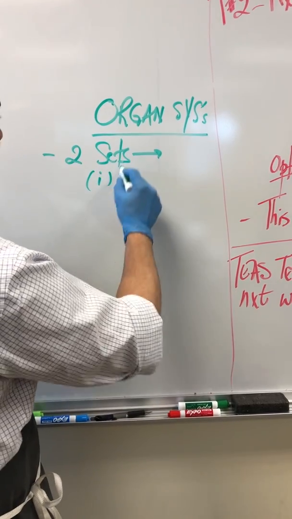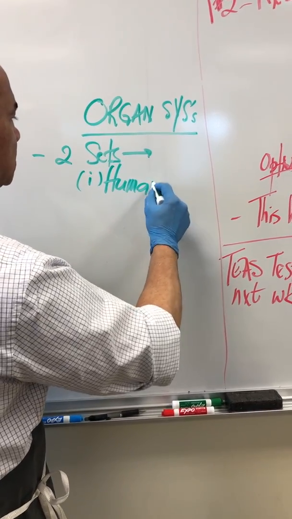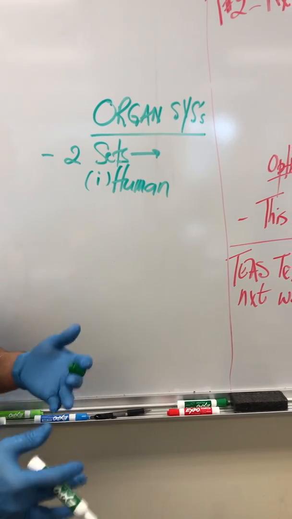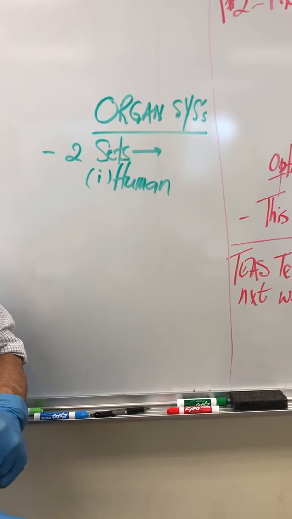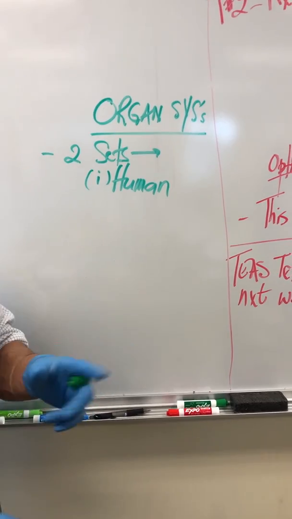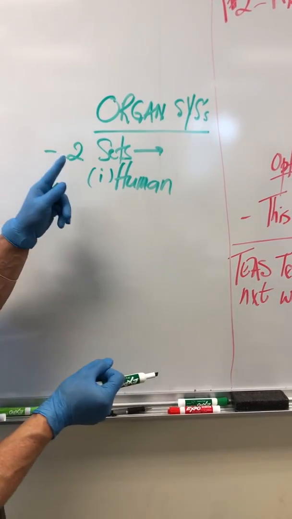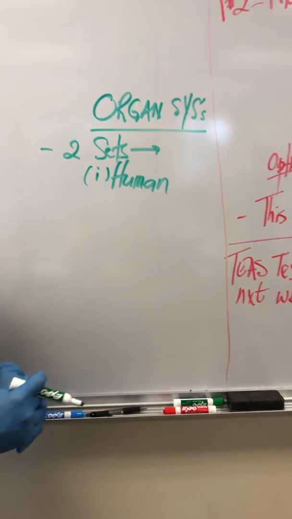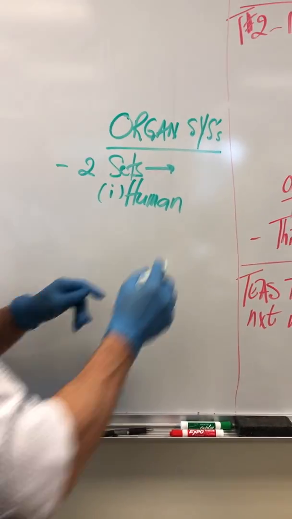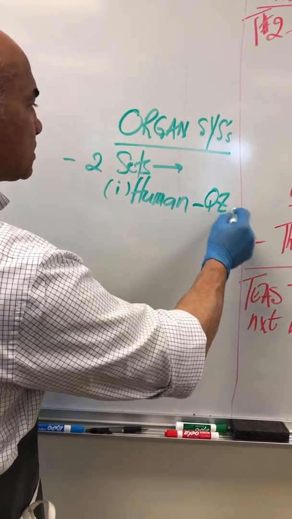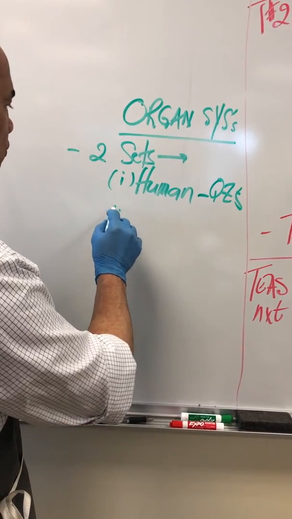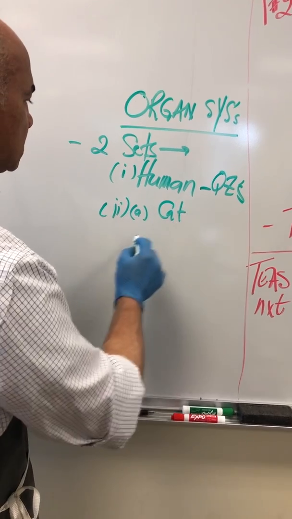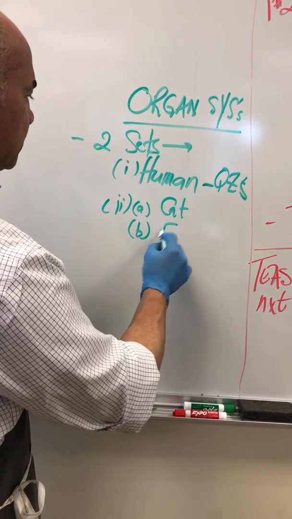One is the human, which follows the chapters, and we're doing the respiratory system next week, chapter 23, I believe. I'll go through 2 parts in the lab. I'll do the human first, and that will be your quizzes. Then 2 will be A and B, the cat systems and the fetal pig.